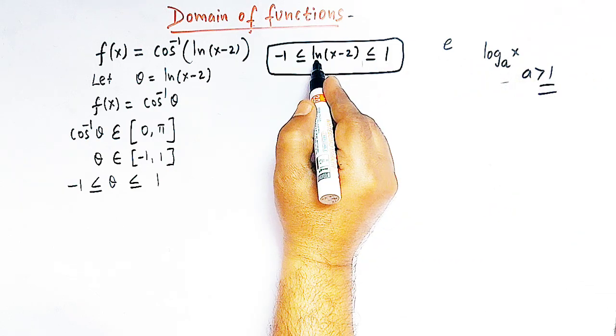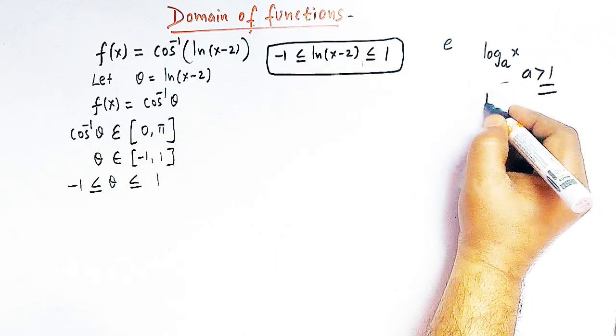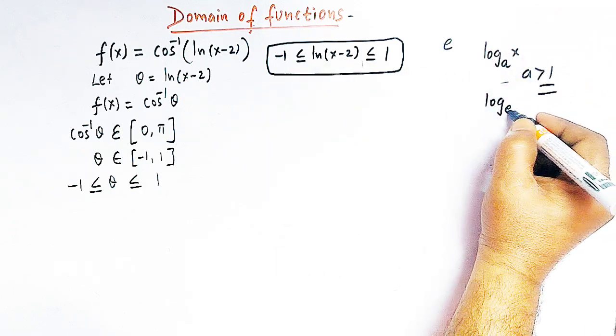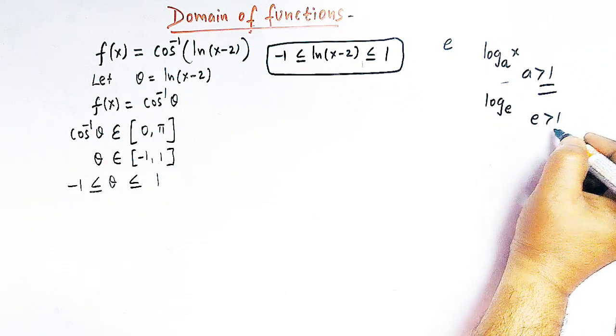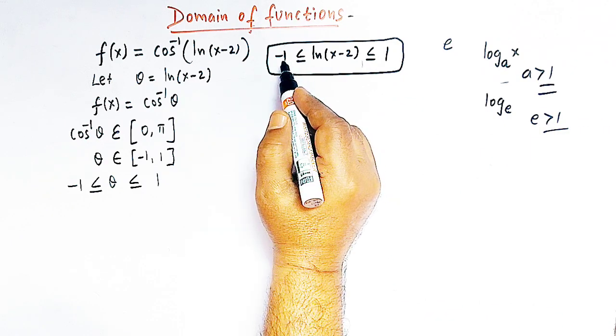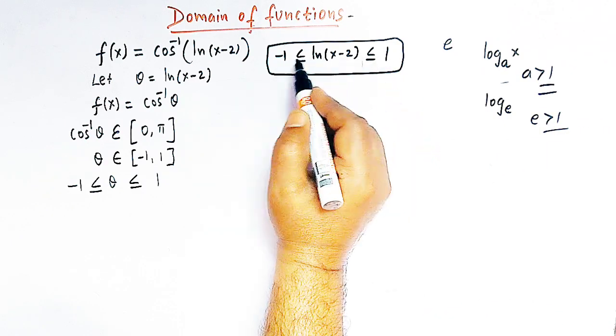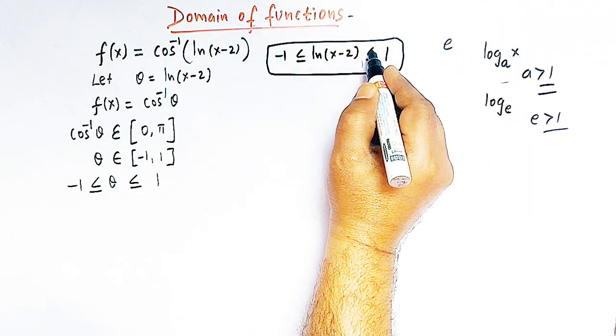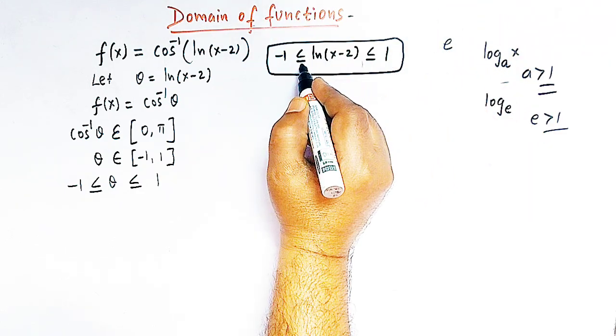Here we have the natural log, and it implies that the base of the logarithm is e, and e is greater than 1, right? So we can raise these three numbers to the power of e without disturbing the direction of the inequalities.